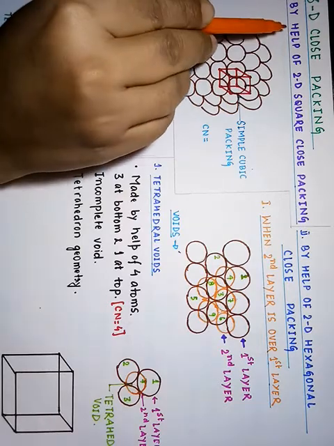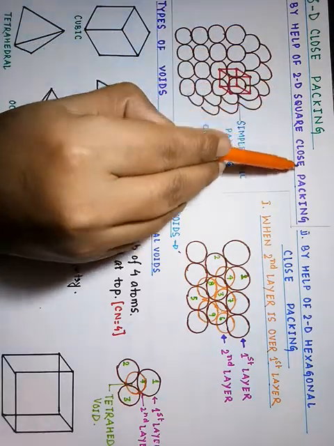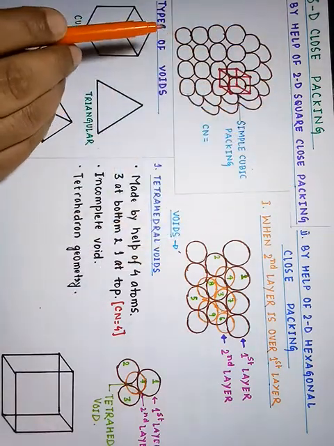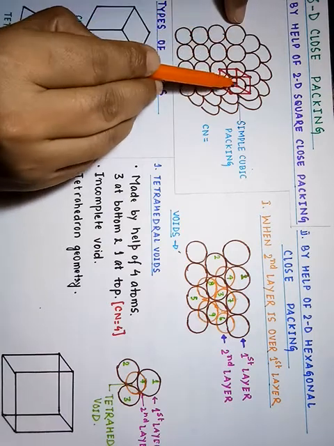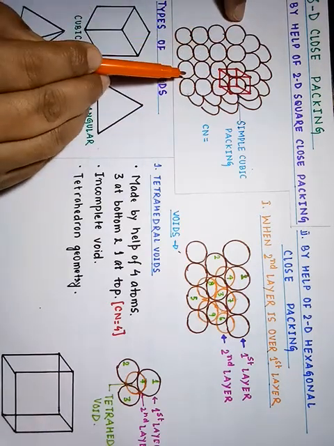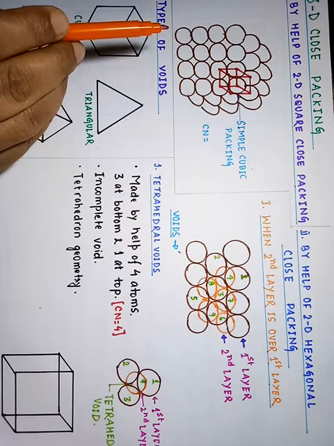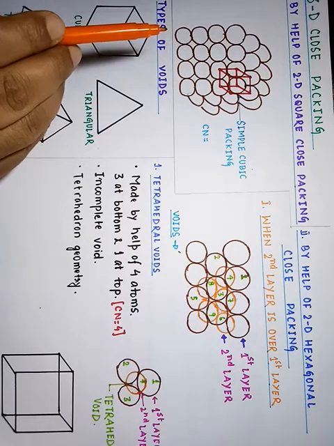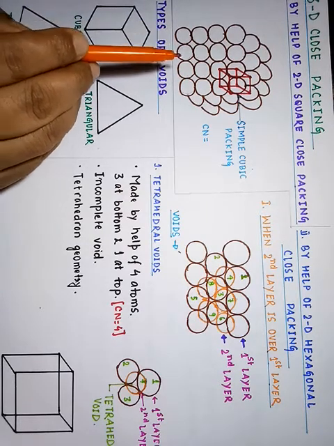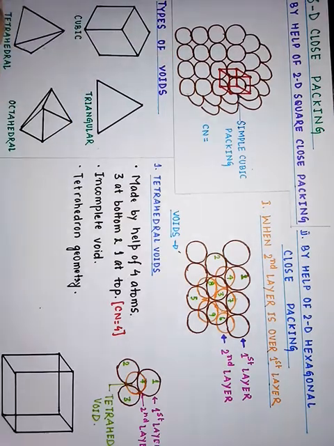First case, by help of 2D square close packing. So this is two-dimensional square close packing. But students, what we have done, we have made it three-dimensional by putting layers above it.